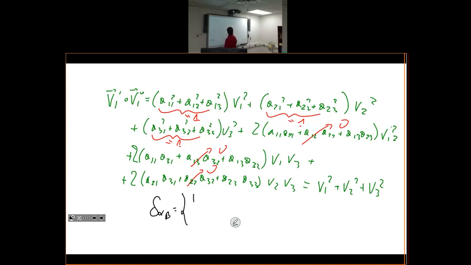Some of them are 1, some of them are 0, and 1 is for alpha and beta being the same, which could be either 1 or 2 or 3. And if alpha is not the same as beta, then this Kronecker delta is 0. And the expansion is basically giving us those terms that I described on the board. Okay.